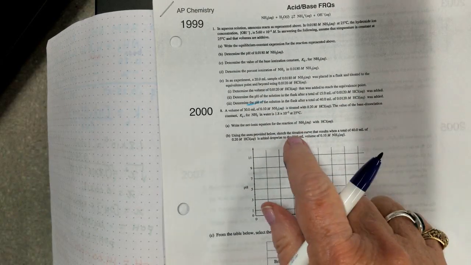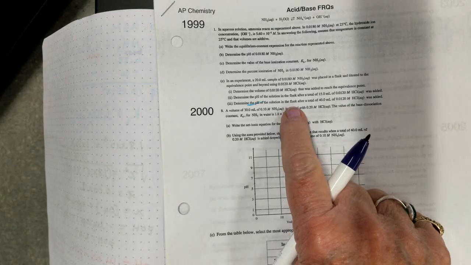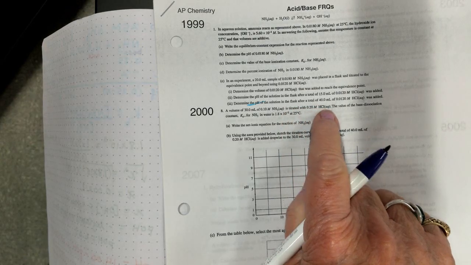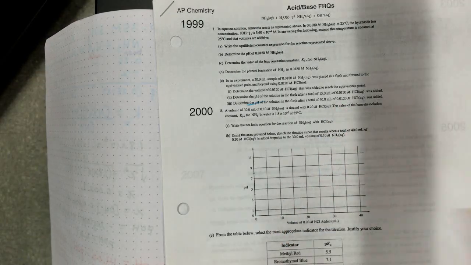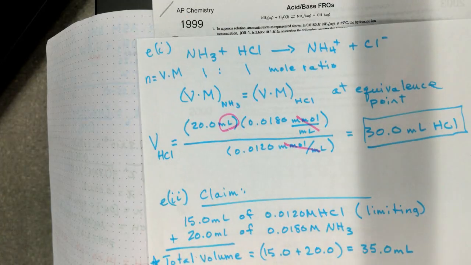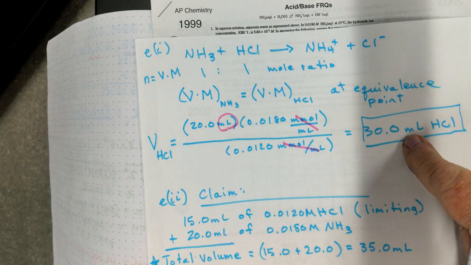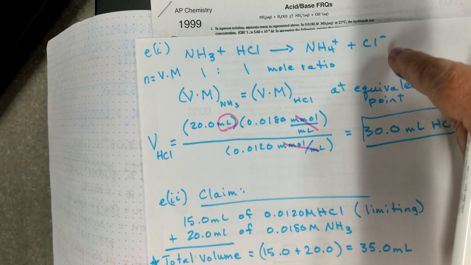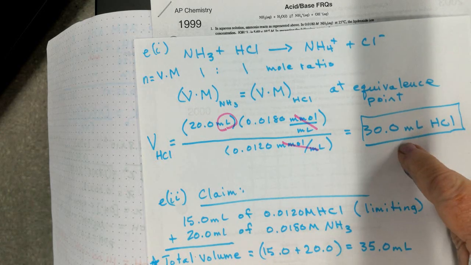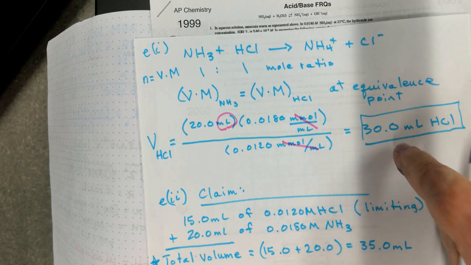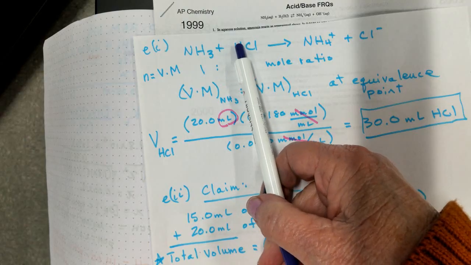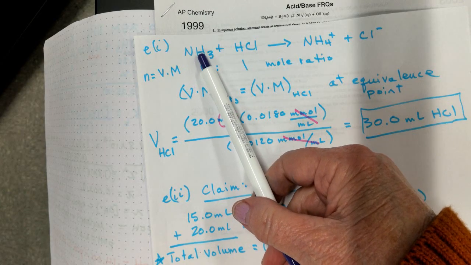Now, where are we going for part E3? I want the pH in the flask after I've added a total of 40 mL of the acid. Well, where is that in my titration? 30 mL got me to the equivalence point. So that's where we're going to see that sharp increase in pH. And then it's going to level off, right? So I'm after the equivalence point. So am I going to have any of my weak base if I've added more acid than I had moles of it?